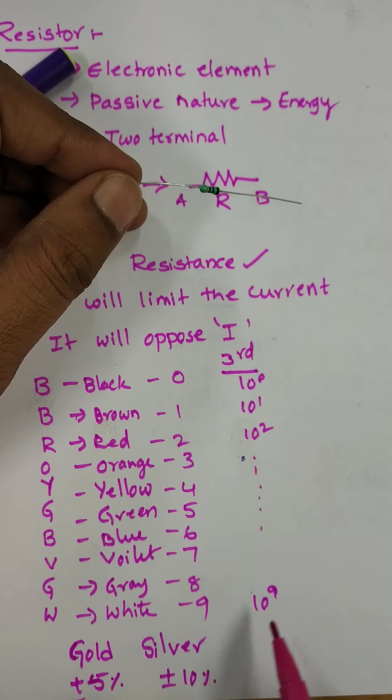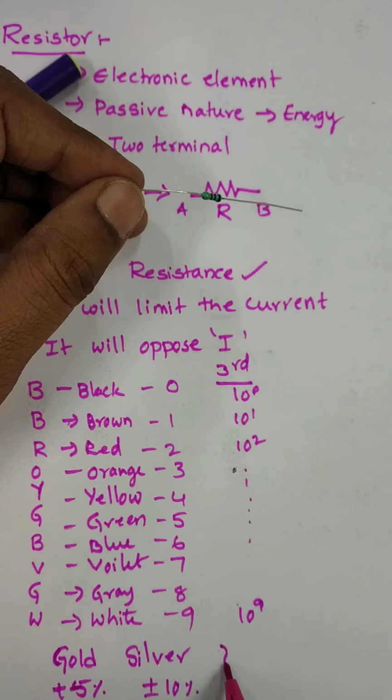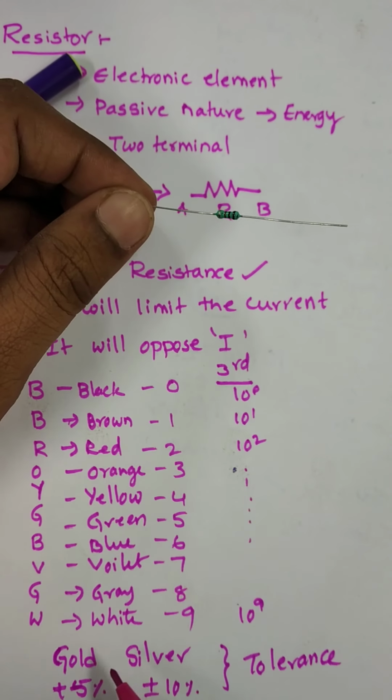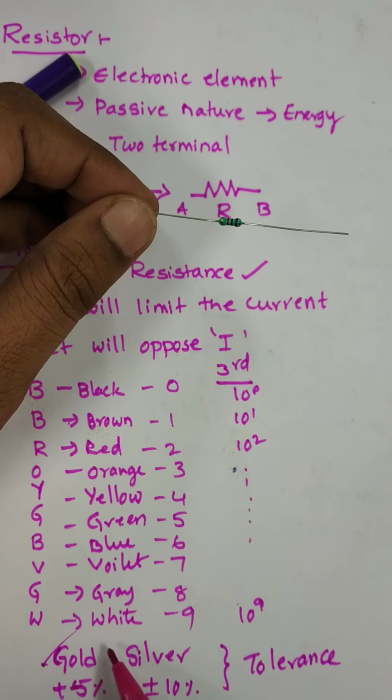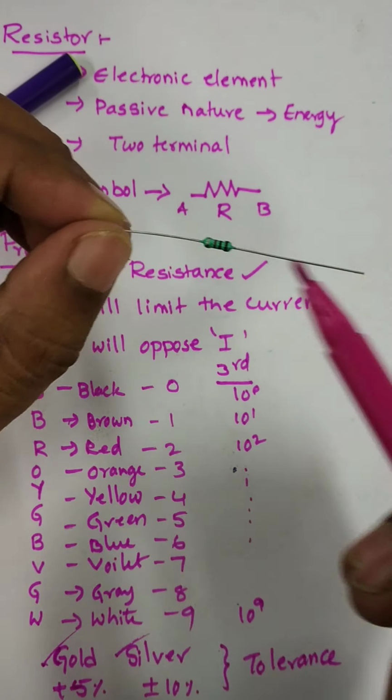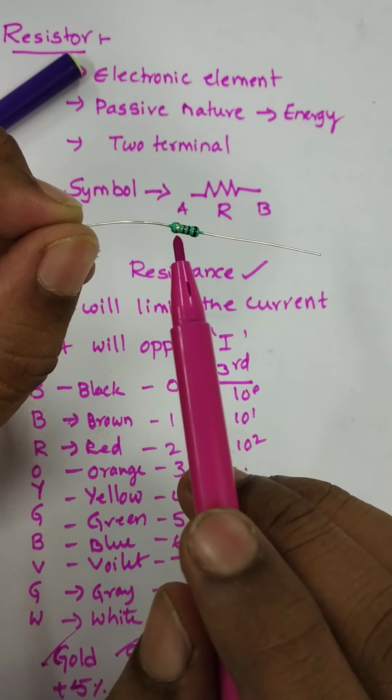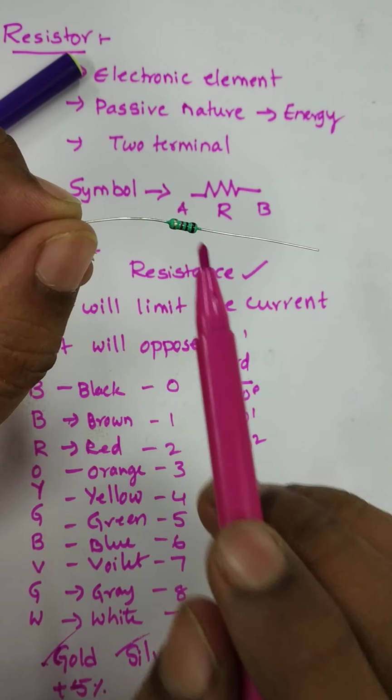This is called tolerance, and I'll tell you what tolerance is. If there is gold or silver, then that is the last color, and we have to start from the other end.